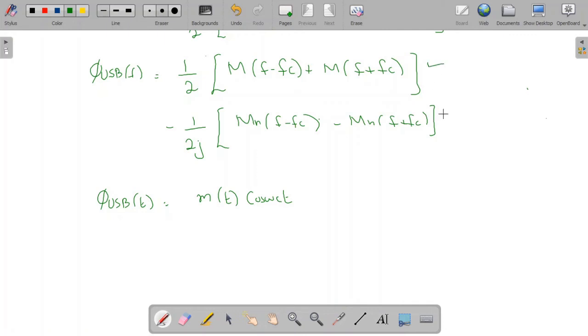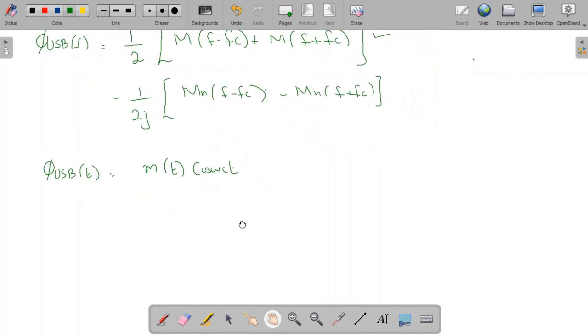For the second term, I am going to use the property of Fourier transform that we have already studied, which says that g of t e power j2 pi fct is equal to g of f minus fc. So here g of f minus fc is given.